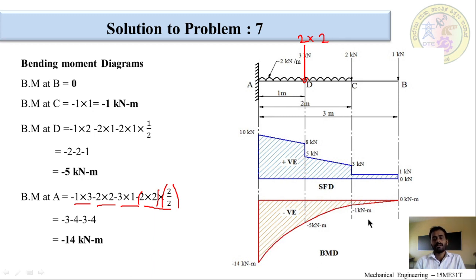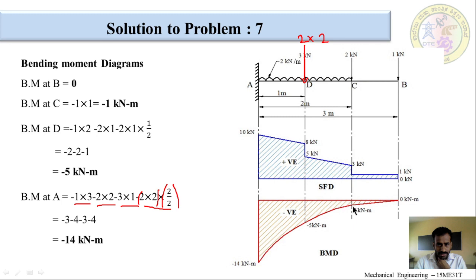Okay. Now, we will join these points. First, from B to C, it is an inclined straight line, because there is no load between B and C. Now, from C to D there is a UDL, so it is to be joined with a parabolic curve.